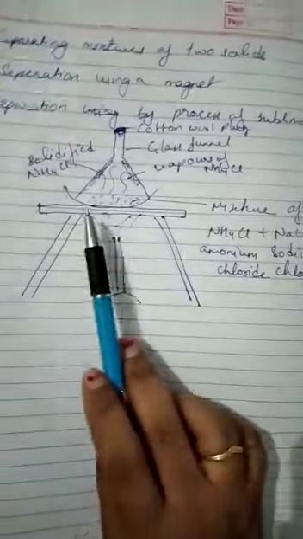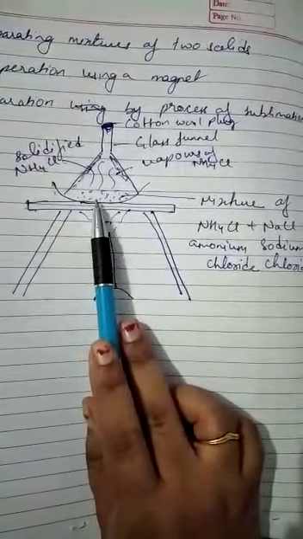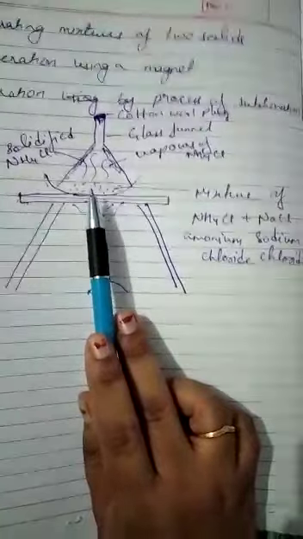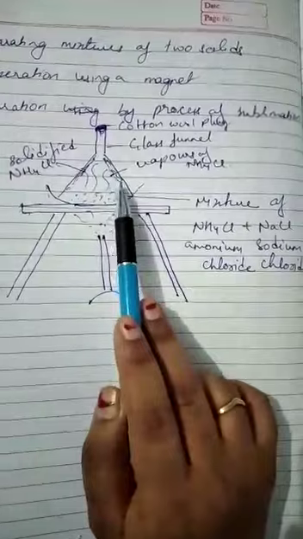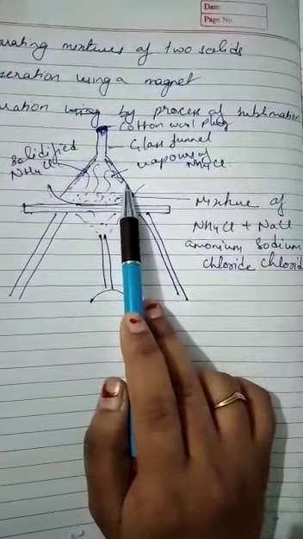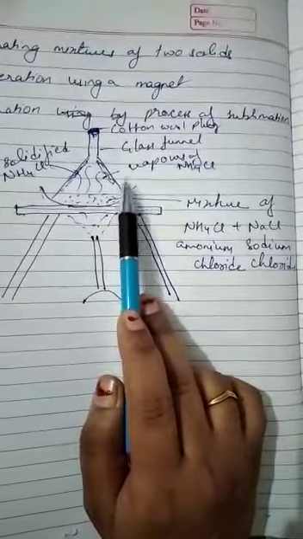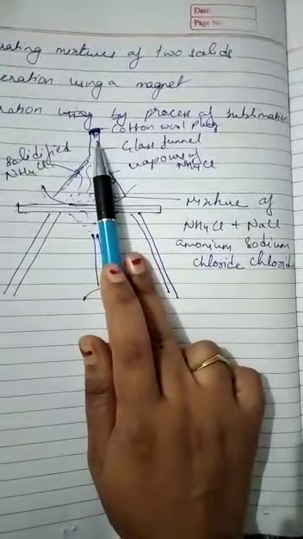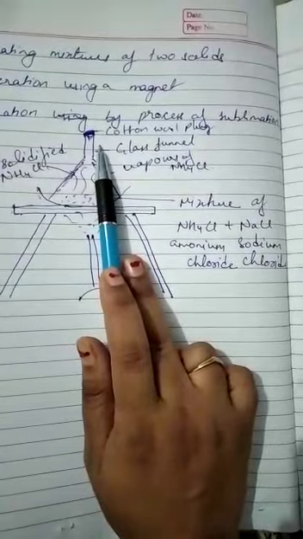How does this process work? First of all, we take a mixture of common salt and ammonium chloride in a china dish, and place a clean glass funnel in an inverted position on the china dish and close its mouth with the help of cotton.